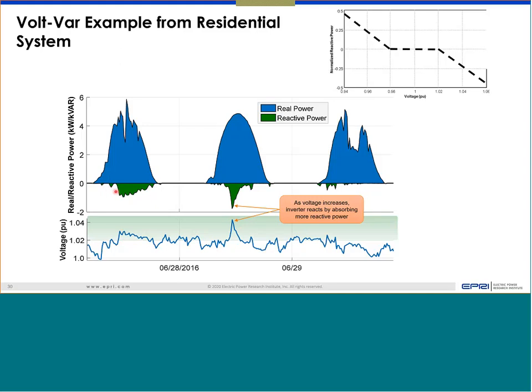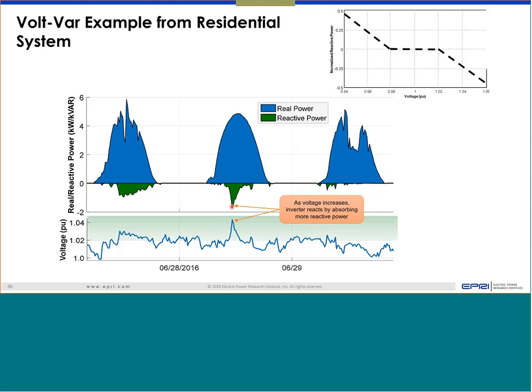One potential answer is that because of this VAR absorption, the voltage did not exceed the limit. If this VAR was not there, most probably the result would be a slight increase above 1.02 voltage. By absorbing this VAR, the inverter managed to keep the voltage below 1.02. So that's why you see some incidents where a small amount of reactive power absorption kept the voltage below 1.02.